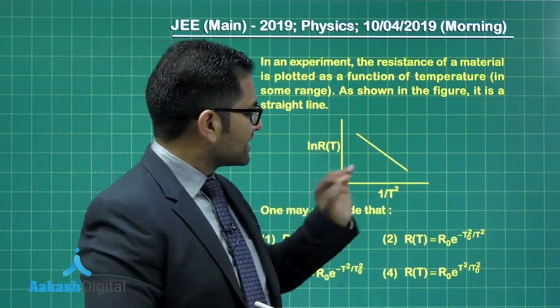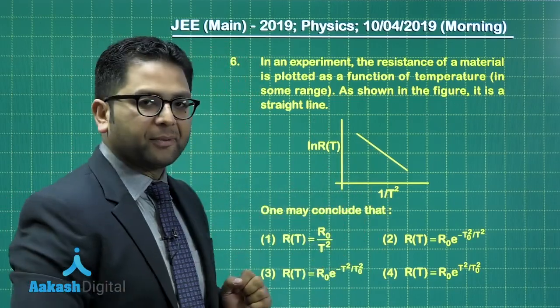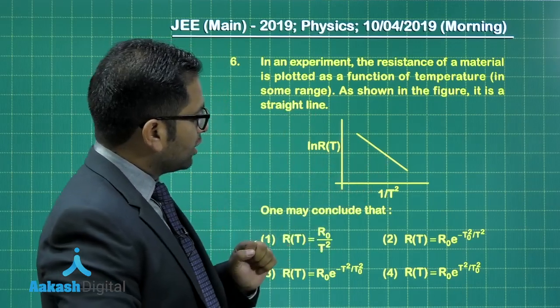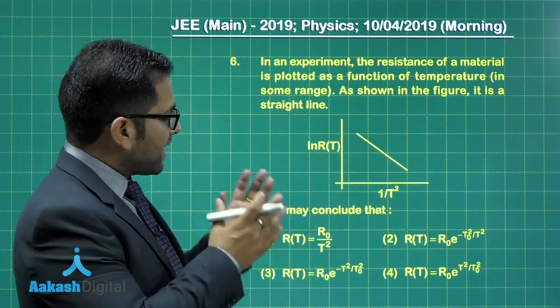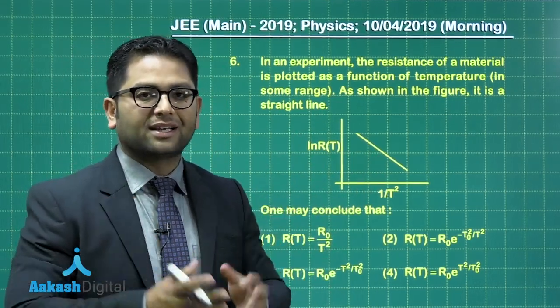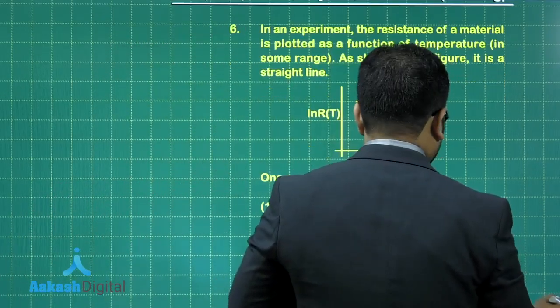And log of resistance has been plotted with respect to 1 by T square. On the basis of this graph, we need to find out the mathematical relationship of variation of resistance with temperature. Fine, let's see. As I said, it is more a mathematical one.